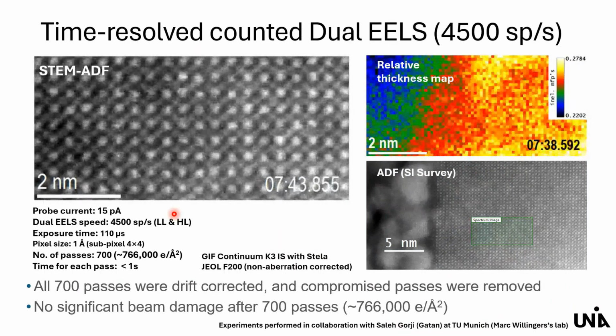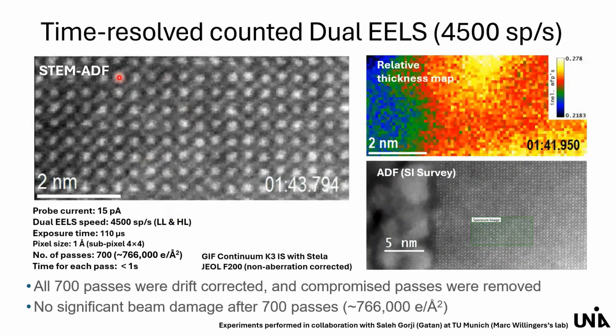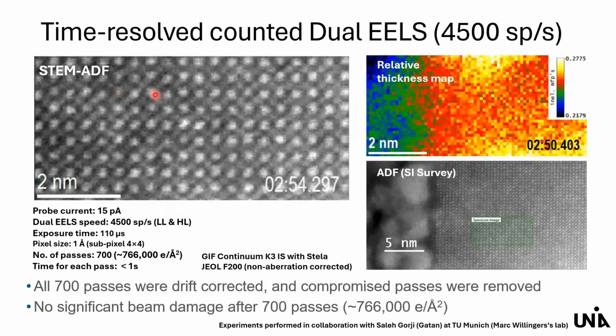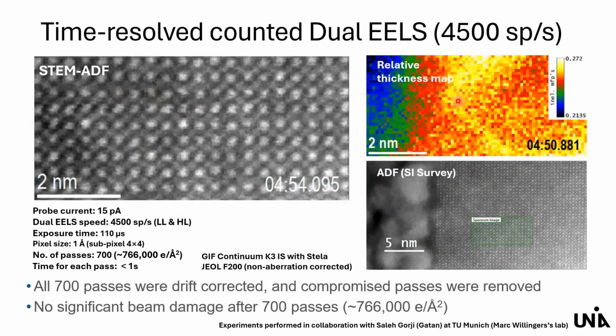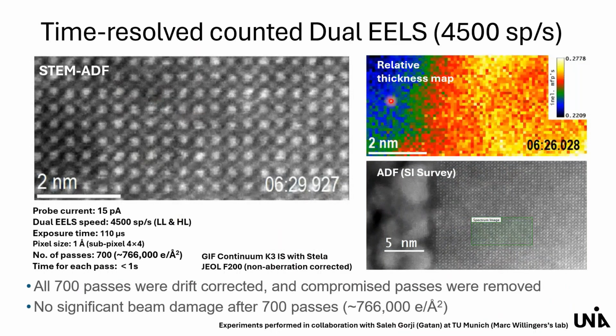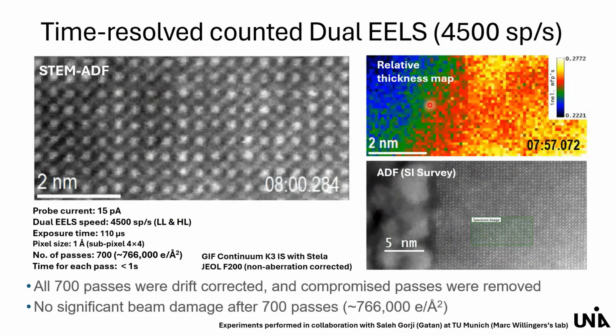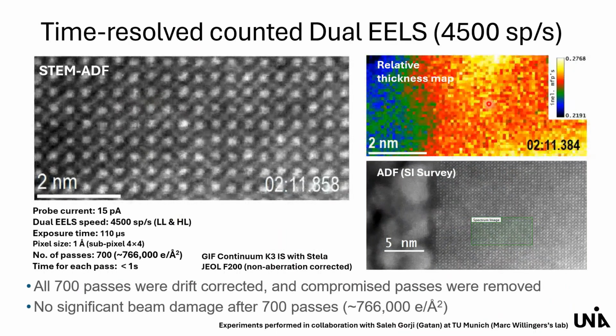On the left, you again see the dark field image with the subpixel scanning to get the nice drift correction. And on the top right, again, you have the relative thickness map. Here you see that the conditions are stable. You don't see a significant change in the thickness of your sample.